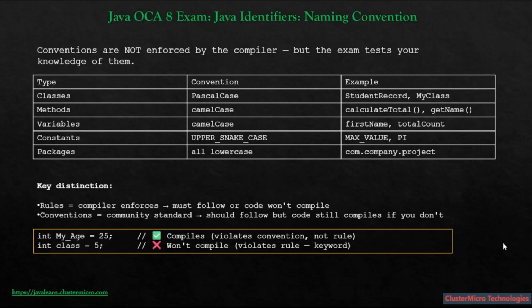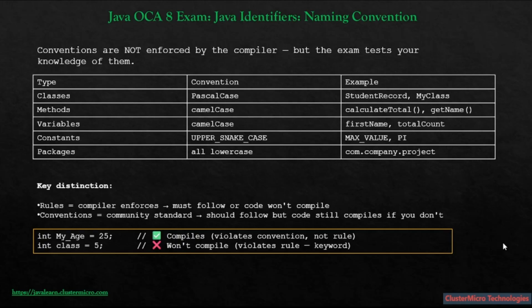In this combination of words, the first word will be lowercase, then every following word starts with uppercase. Like calculateTotal, small c but total with capital T. Then firstName, small f but capital N. Then getUserName, small g, then capital U, and then capital N. So these are all camelCase.